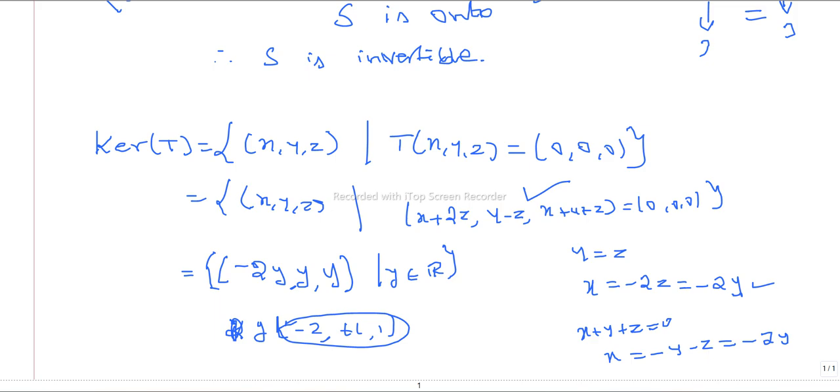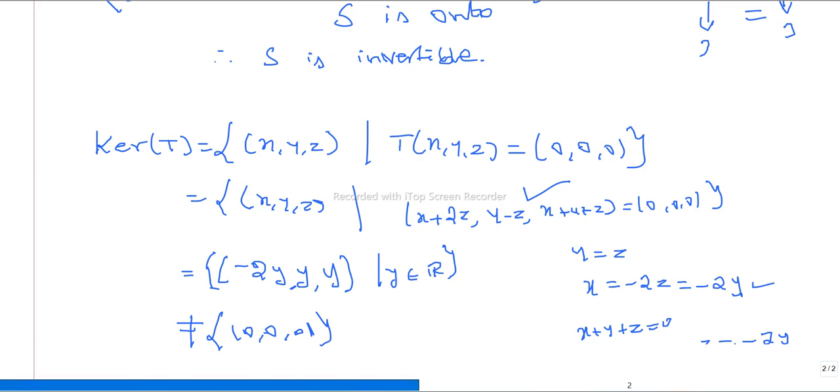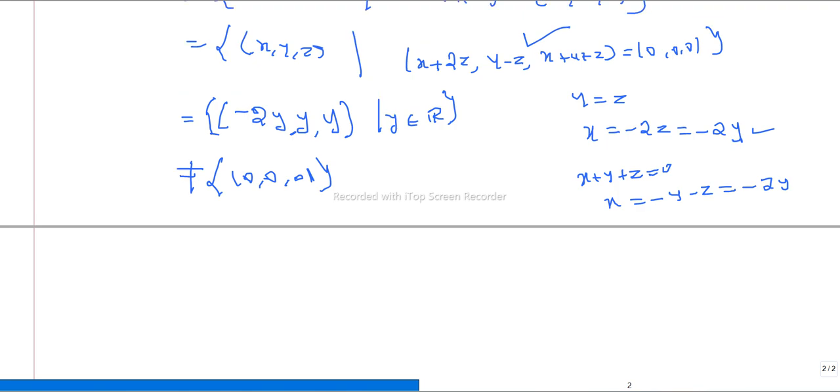So we have at least one non-zero solution to this equation, therefore the kernel is not the singleton (0, 0, 0). At least one non-zero triple satisfies this, so there is at least one non-zero element in the kernel, therefore the kernel is not equal to 0.